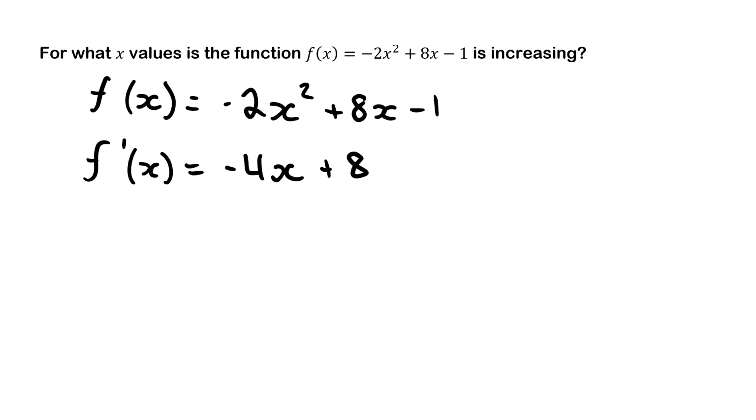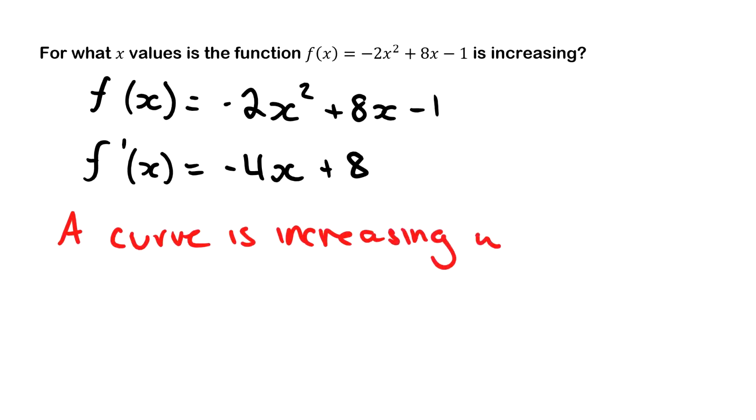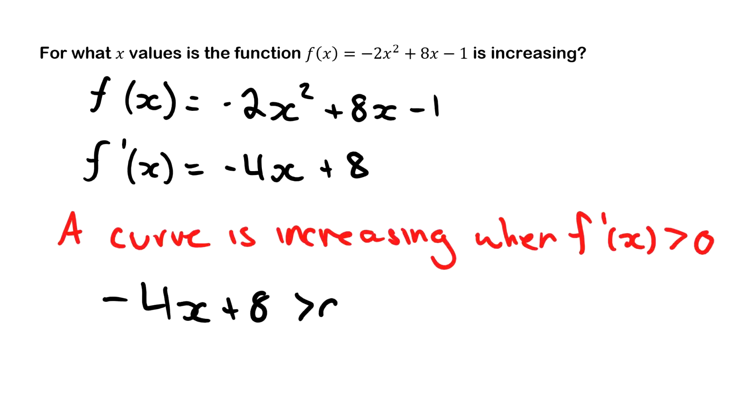Now, a curve is increasing when the derivative is greater than 0. So we're going to try to find our values where minus 4x plus 8 is greater than 0.